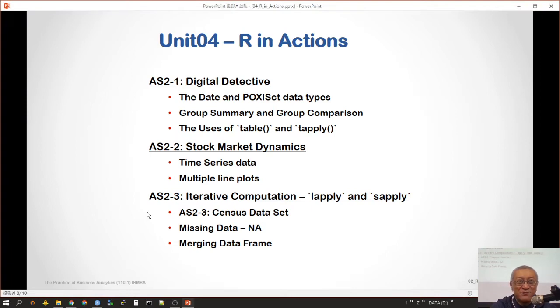So back to today's game plan: the 3 cases. I draw them from the MIT online course. This is actually the first week's assignment of MIT's business analytics course. They have a very intense course at MIT, so we need to slow it down.